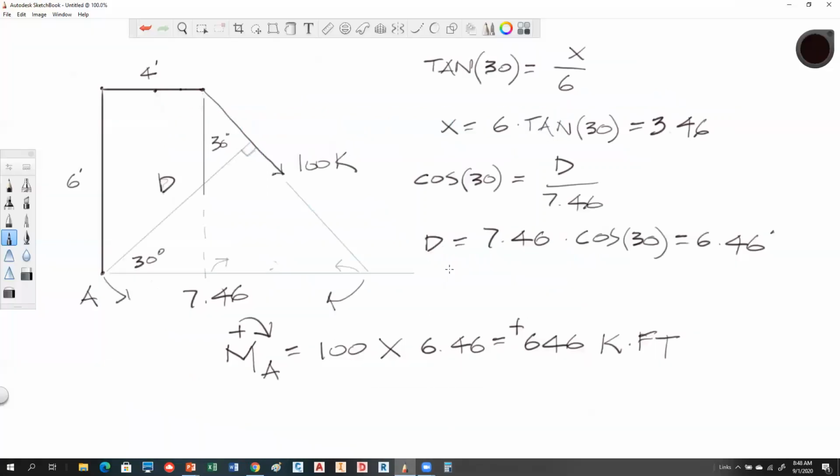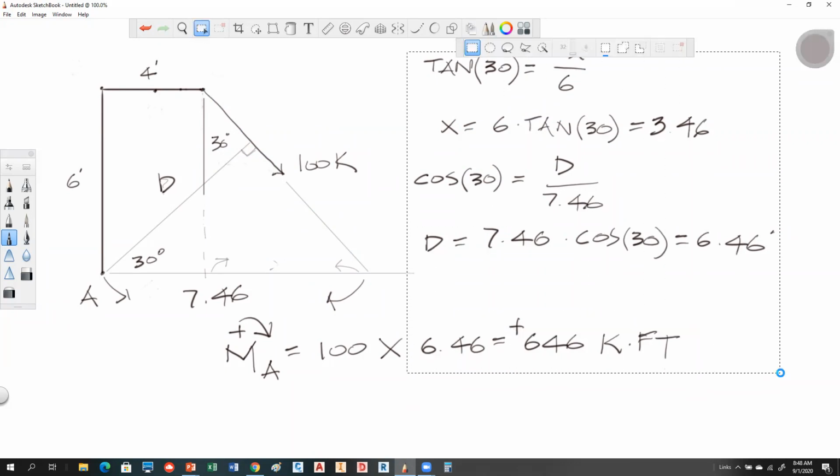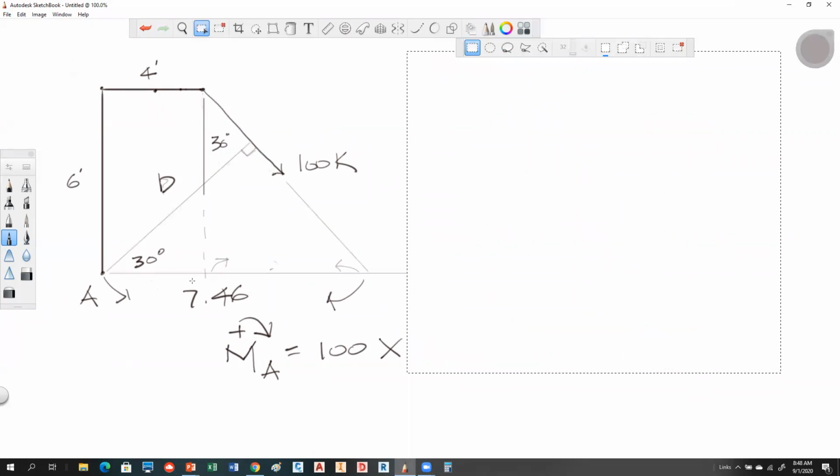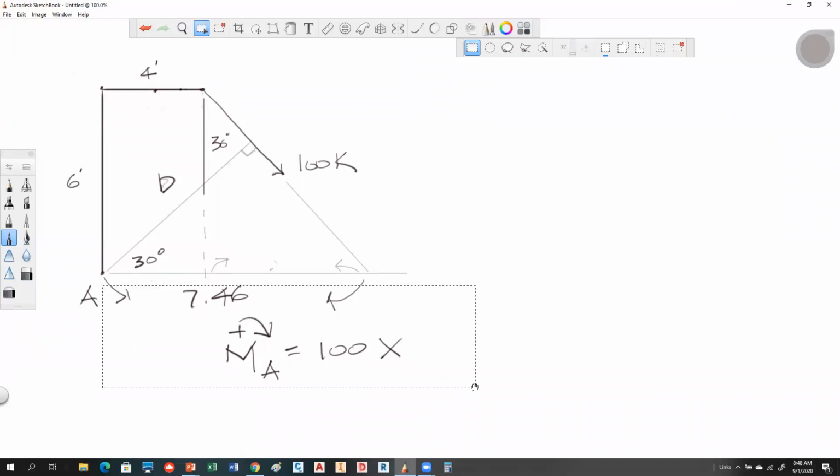All right, so I'm going to use this same diagram. Let me clean it up a little bit, but I'm not going to need any of this. Watch what will happen as we get into this. Okay, so let me get rid of all this junk and this junk as well.